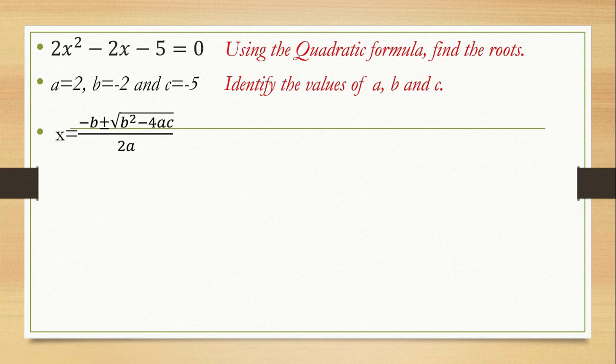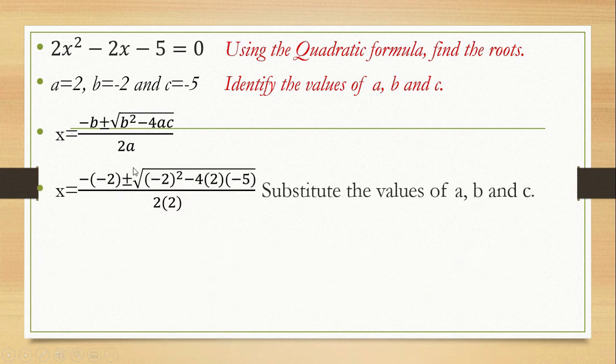Now, again, our formula for the quadratic equation is x equals negative b plus or minus the square root of b squared minus 4ac, all over 2a. So, let us substitute the values of a, b, and c to it.